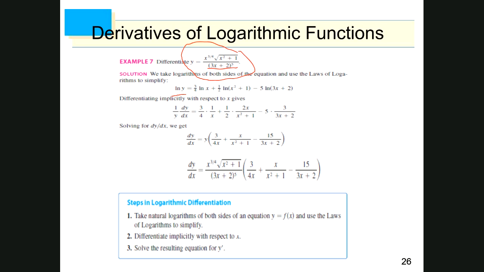Use the laws of logarithm to simplify the right-hand side as far as possible. For you to get the final answer correct, you have to simplify as far as possible before you start differentiating. For example, if you have ln of root of x squared plus 1, please take the power of half in front of the ln.